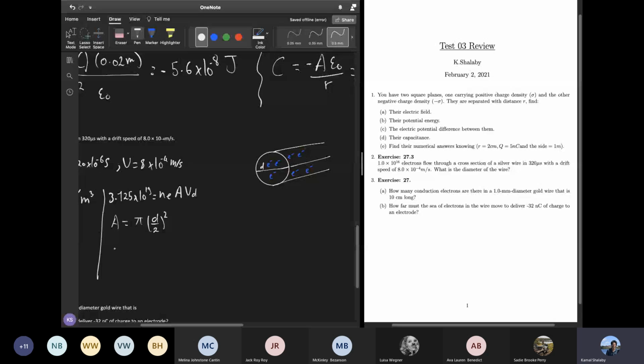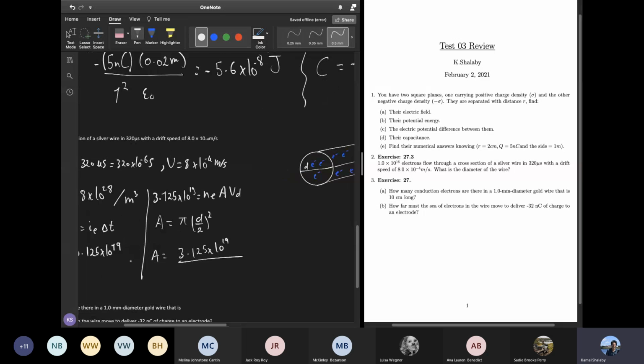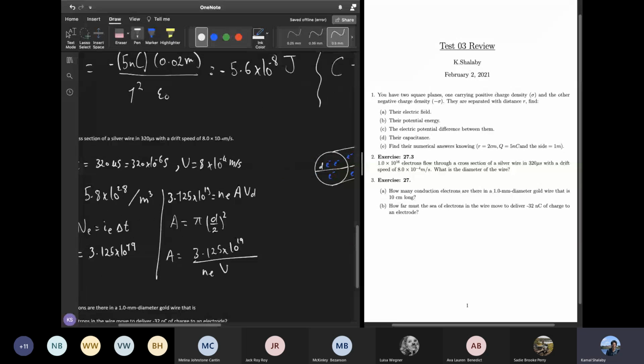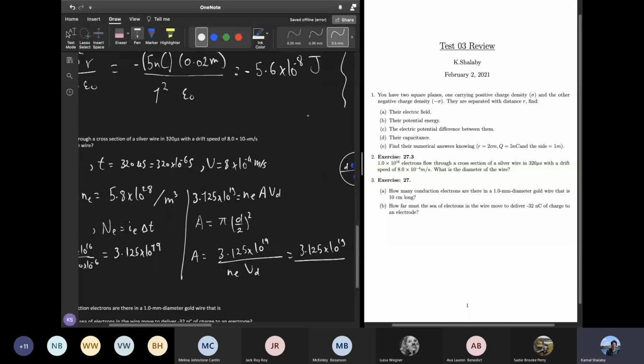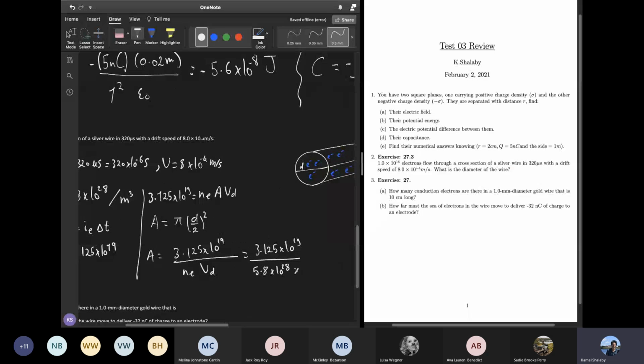If we rearrange this one, we would have that the area is equal to 3.125 to the power of 19 over NE multiplied by the drift velocity speed. Just plugging everything in, we have E is 5.8 multiplied by 8 to the power of -4.